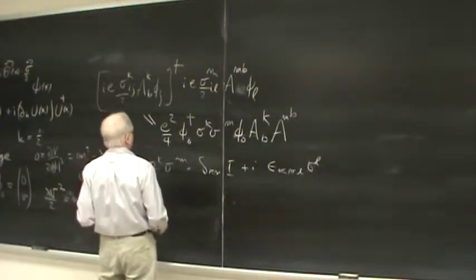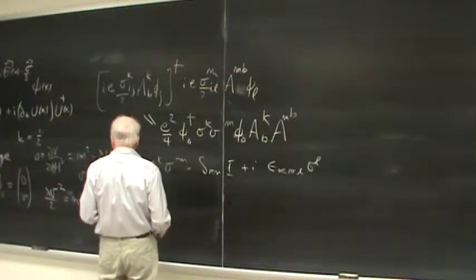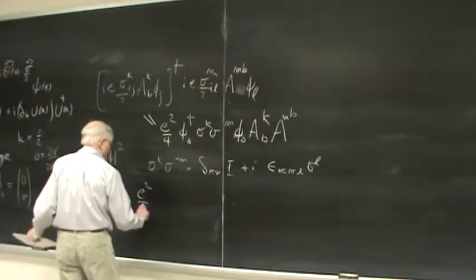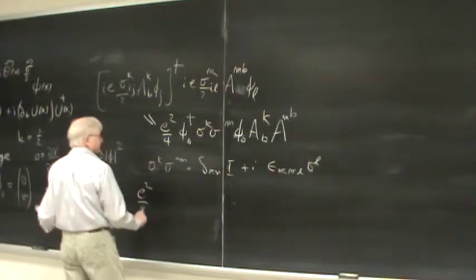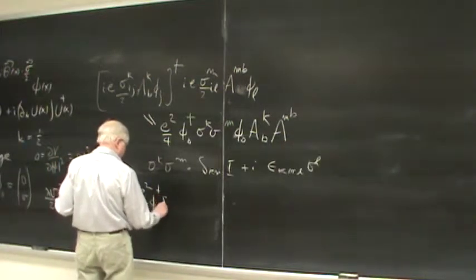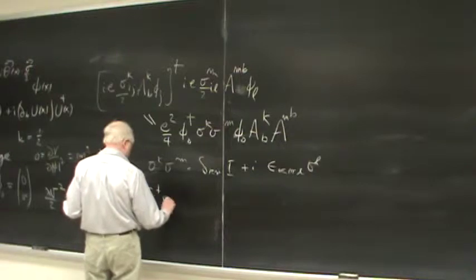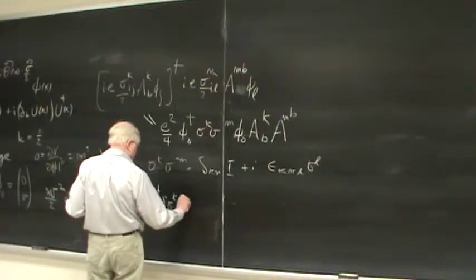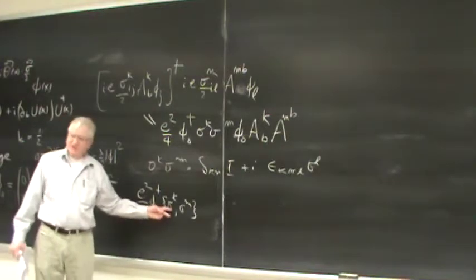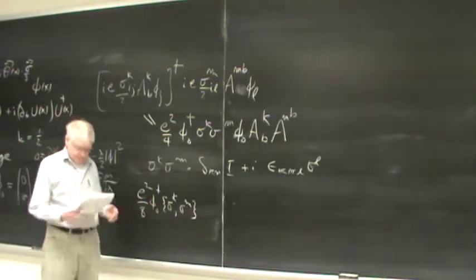So this mass term then is e squared over 8 phi 0 dagger, the anti-commutator of sigma k with sigma m, phi 0, A k b, A m b. In other words, this is symmetrizing, but it brings in a factor of 2 that I cancel here.